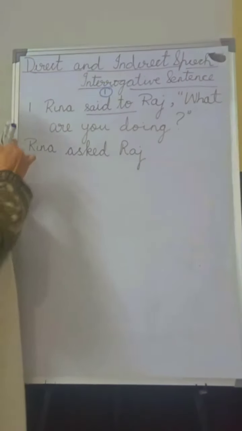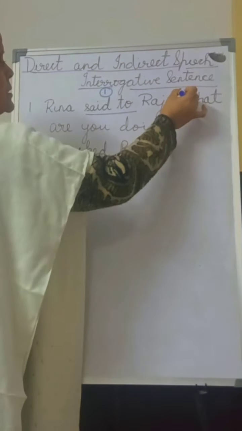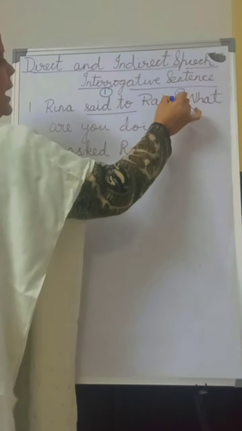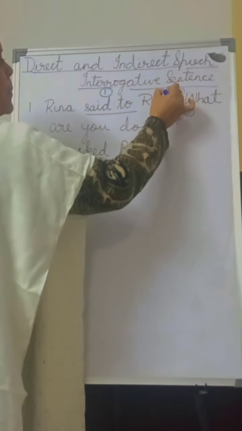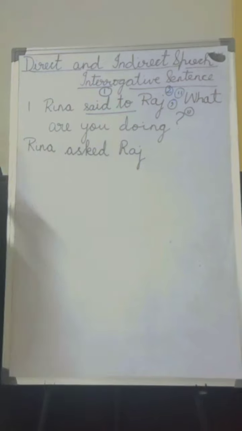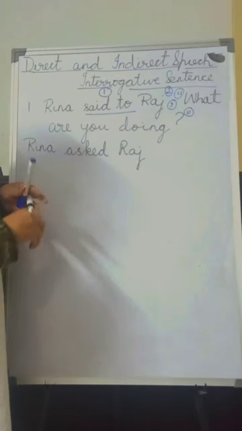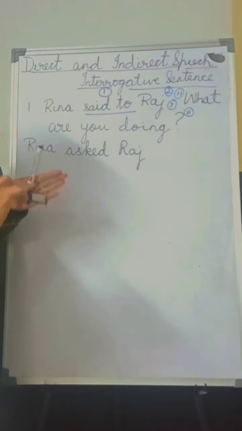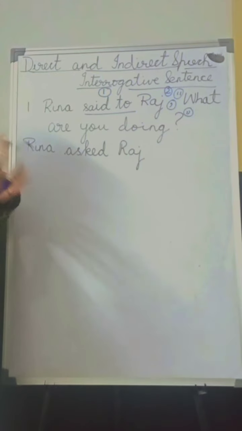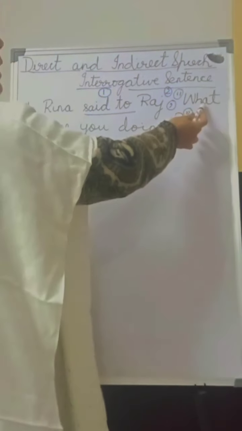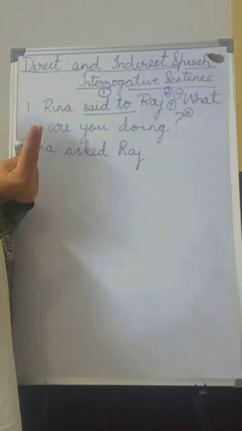Now, what is the second step? Second step is to replace comma and inverted commas. That is the rule of declarative. In interrogative sentences, we are not going to replace this comma or inverted comma with anything else. Now, as I said, we have two types of interrogative.